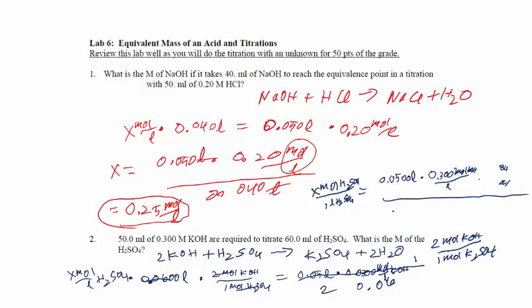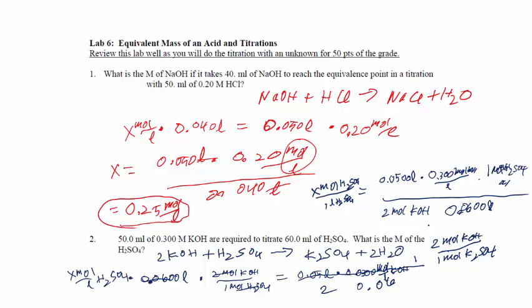So we have divided by 1 mole H2SO4, and now we have 0.0600 liters of the solution.